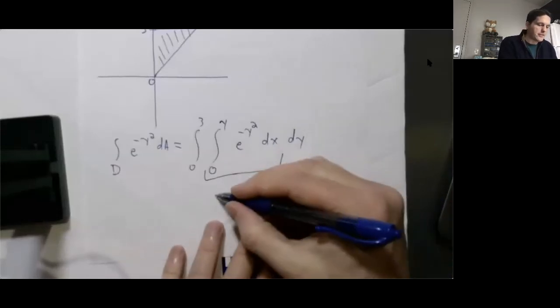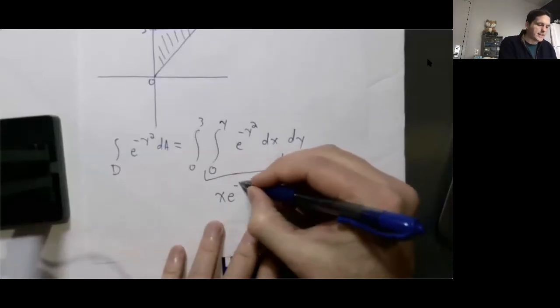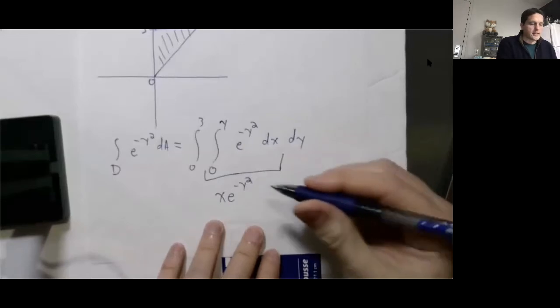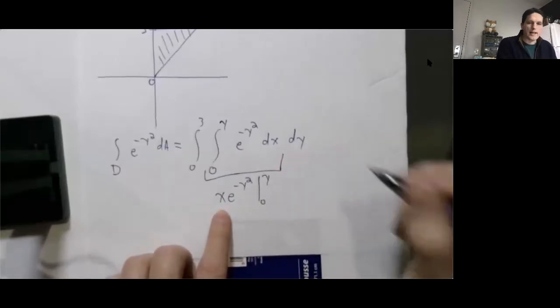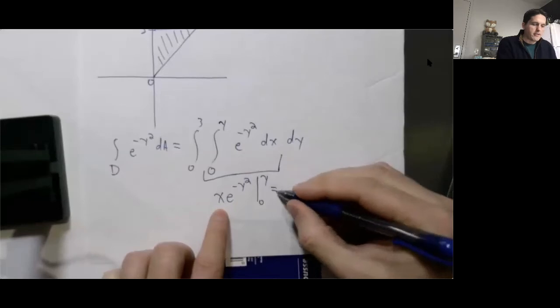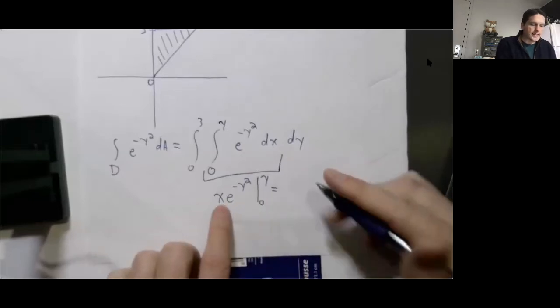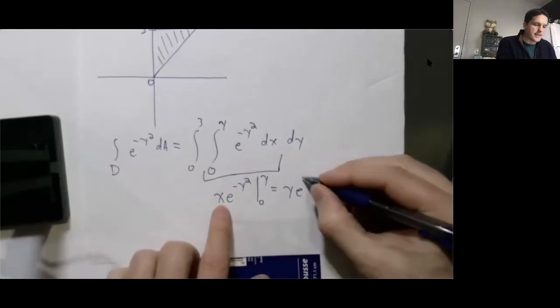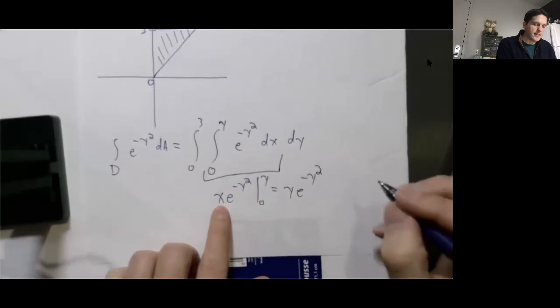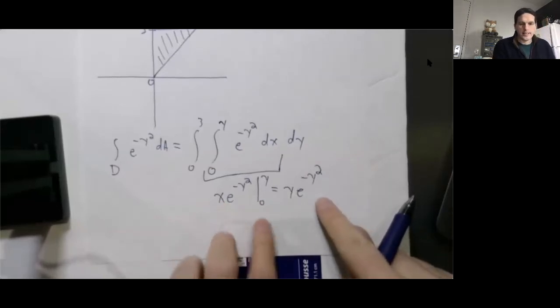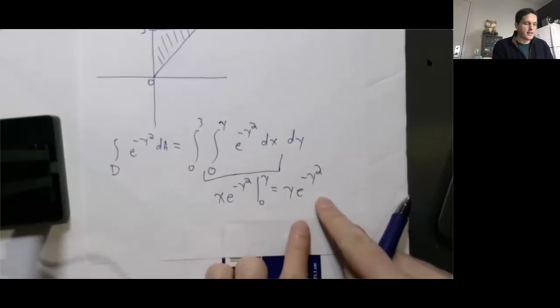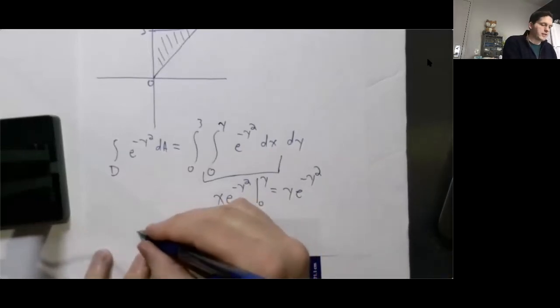And here's an antiderivative, x e to the minus y squared. So let's take our antiderivative and evaluate it from 0 to y. When we plug in y for x, we get y times e to the minus y squared. When we plug in 0 for x, we just get 0. So this is what the inside integral is equal to.